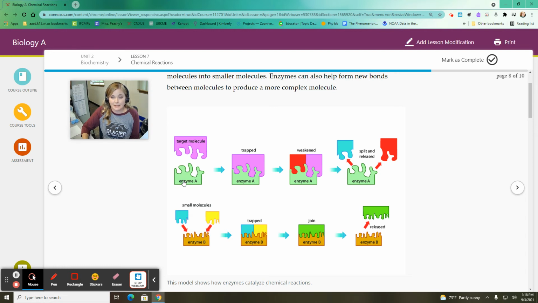In this example, the enzyme is acting like the lock and the target molecule is acting like the key. When they bond together, the enzyme weakens the bonds and causes them to split apart and be released, forming two new molecules. So in this case, the enzyme's job is to split that molecule apart.